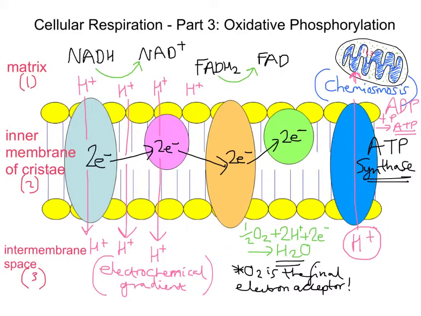So all those hydrogens from the intermembrane space get pumped back right up through the inner membrane of the crista, back into the matrix, activating ATP synthase, producing lots of ATP. And in fact, if we were to put numbers to it, for each molecule of glucose that you start with in respiration, 28 molecules of ATP are produced by this process alone, oxidative phosphorylation.